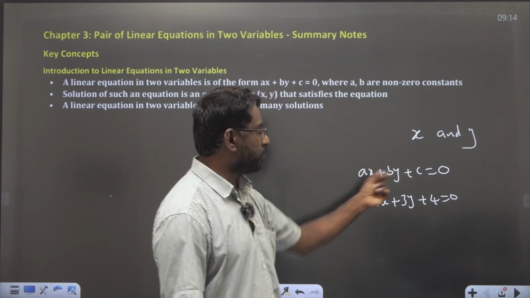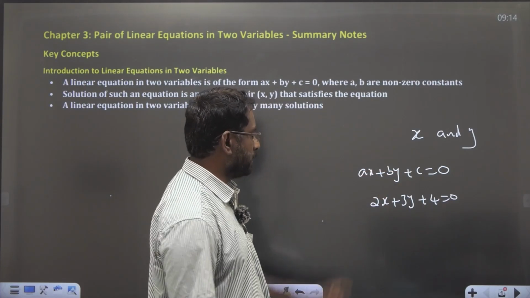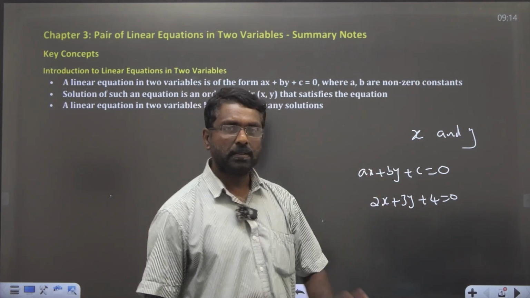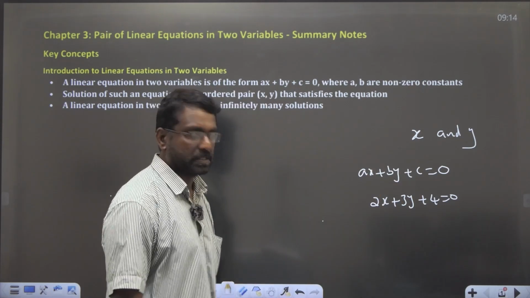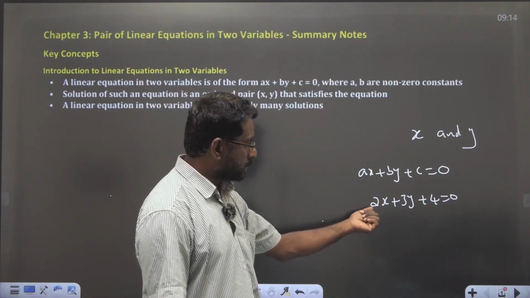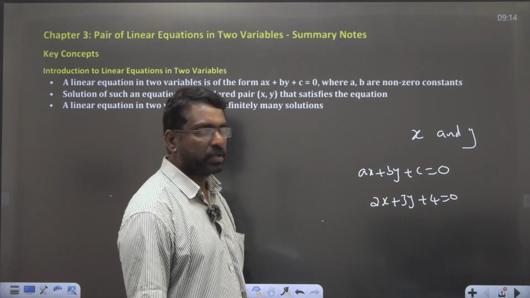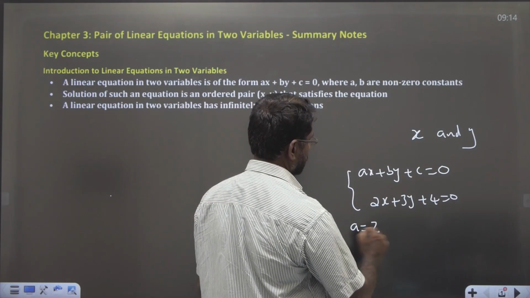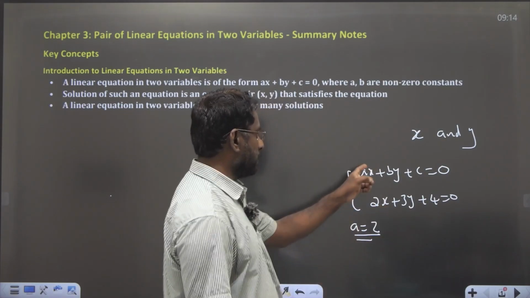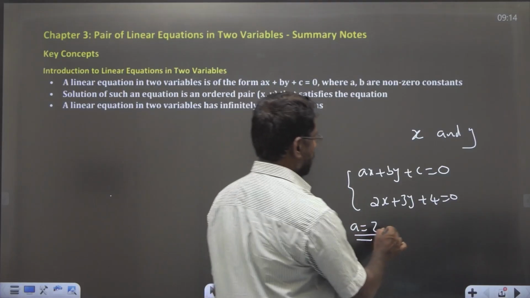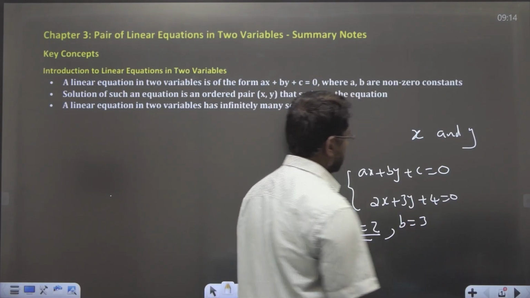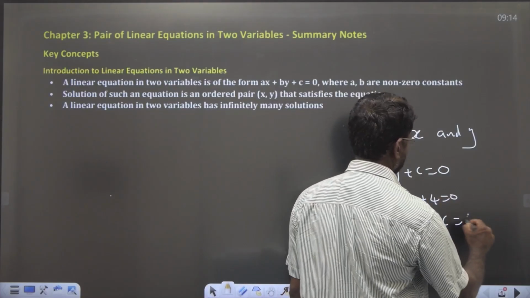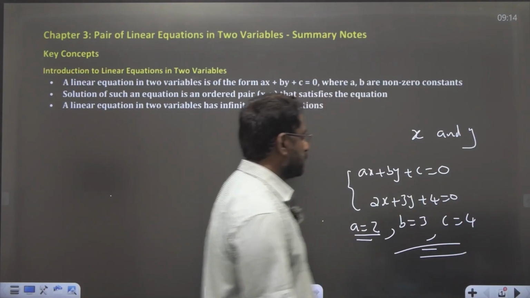This is the standard form of a linear equation in two variables, that is ax plus by plus c is equal to 0, where a and b are non-zero constants. And the example is 2x plus 3y plus 4 equal to 0. Compare these two equations, we will get a is equal to 2, that means the coefficient of x is 2, b is equal to 3, that is the coefficient of y, and the constant term c is equal to 4.